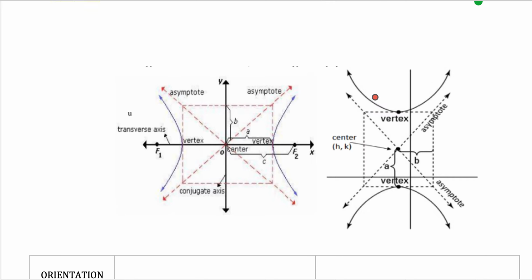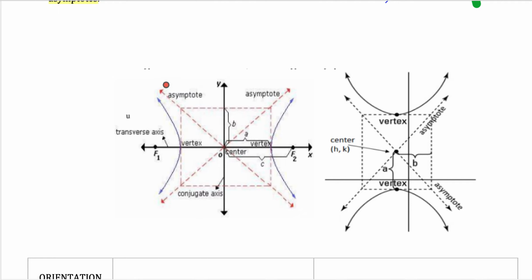Okay, so here are the two diagrams. Here's a horizontal hyperbola and a vertical hyperbola. There's this box here, right? And I told you we were going to talk about some box. Now this box here is basically the key of how we are going to graph our hyperbola.